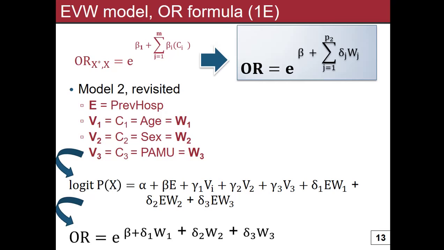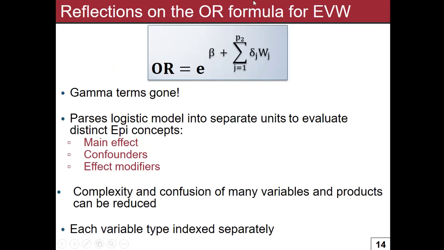This lets you quickly identify the form of your odds ratio. This is intuition that we saw before, but labeling the variables this way helps you do that more readily. So all the gamma terms go away in the expression for the odds ratio. That's the key piece here.